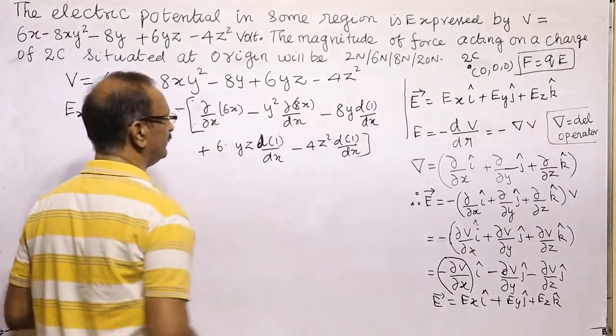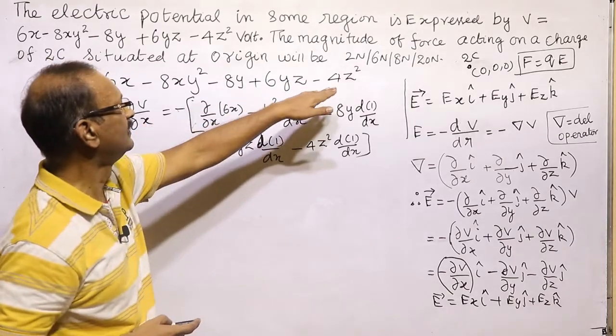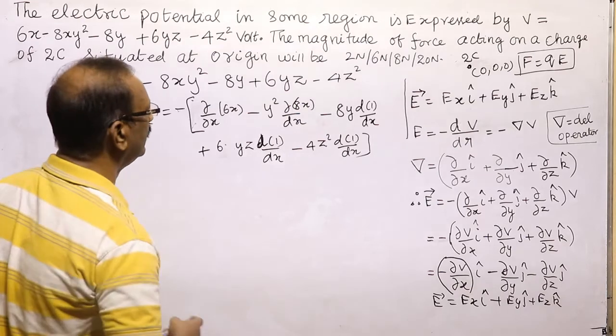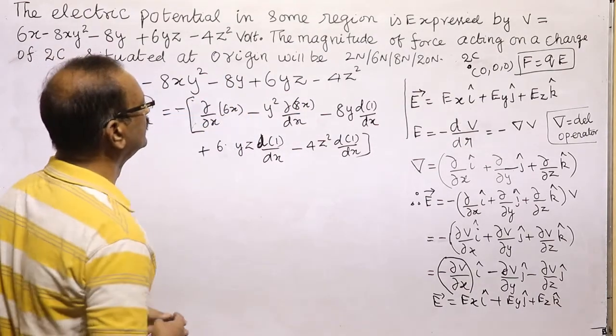This is the partial derivative: if we differentiate with respect to x, y and z are taken out as constants and only x is differentiated.